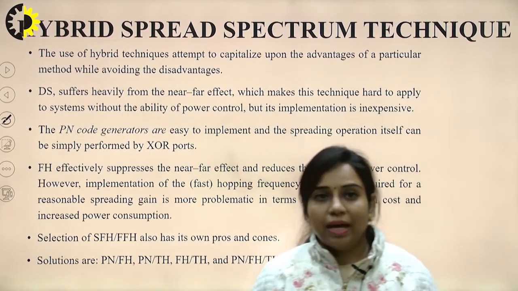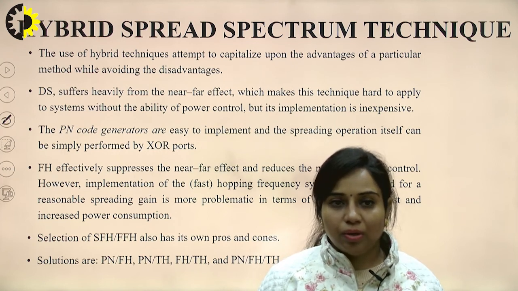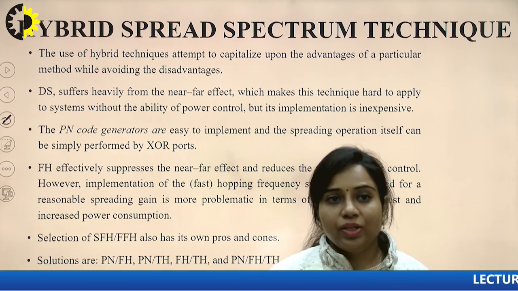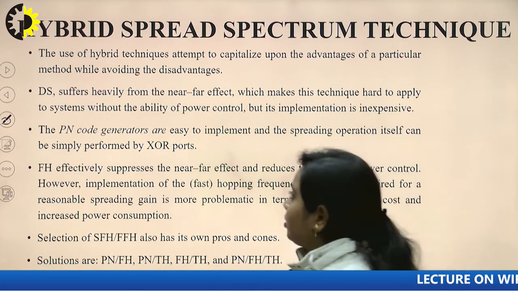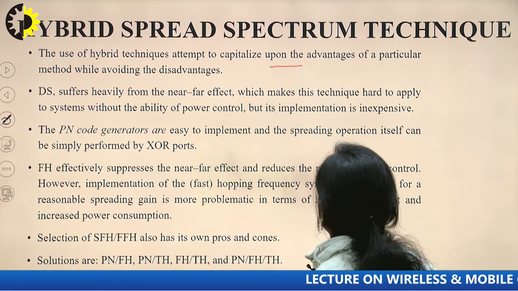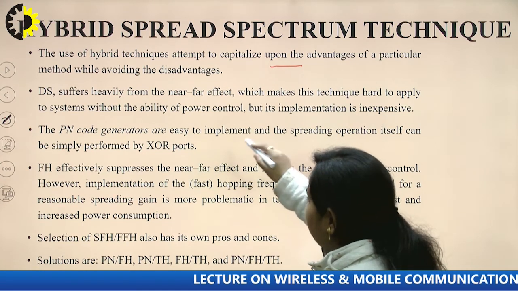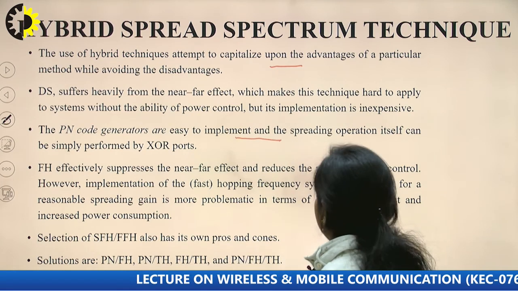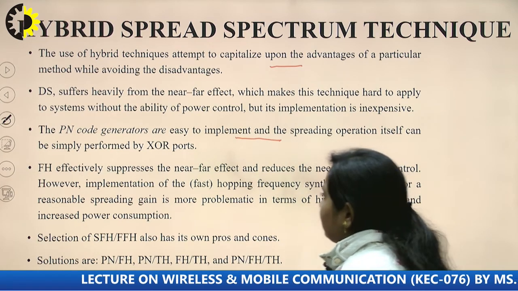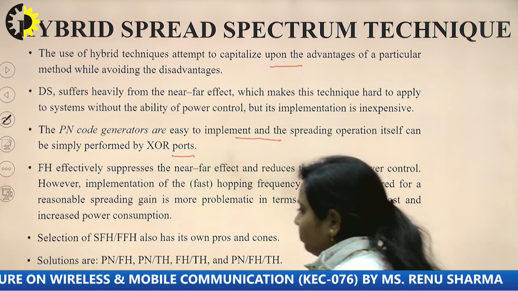Last one is the hybrid spread spectrum technique, which basically combines the advantages of the different systems. The use of this hybrid technique attempts to capitalize upon the advantage of a particular method while avoiding the disadvantage. PN generators are easy to implement, and the spreading operation itself can be simplified, performed by XOR gates.